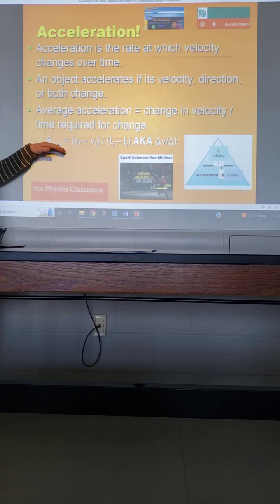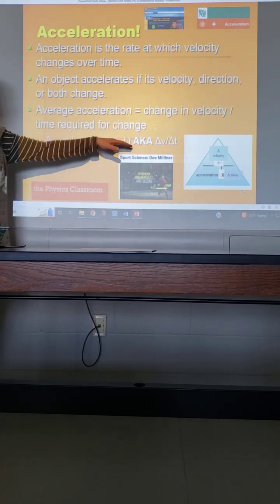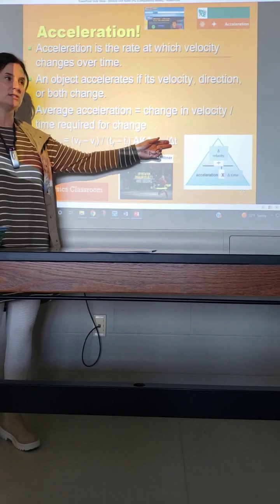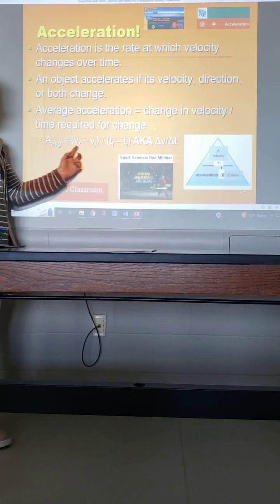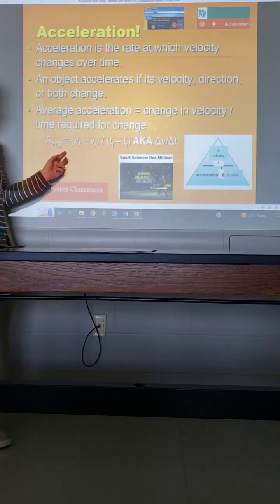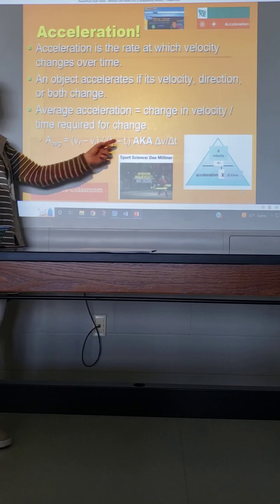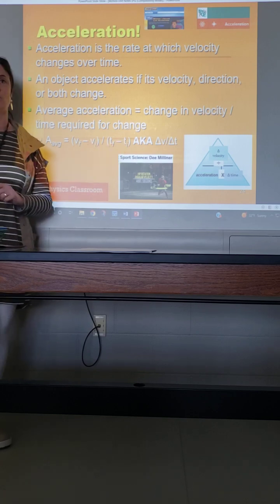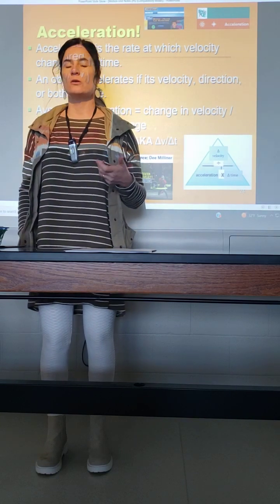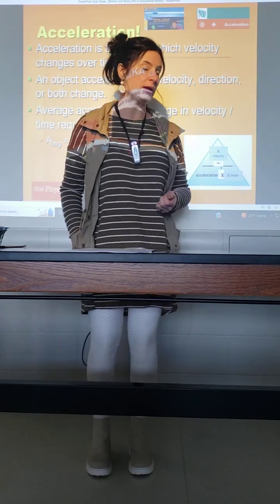So the average acceleration is VF minus VI divided by TF minus TI, also known as the change in velocity over the change in time. The only time we're going to need this extended version of the acceleration equation is if your VI or your TI is not 0. So like yesterday, when you started your stopwatch, they were all on 0, right?